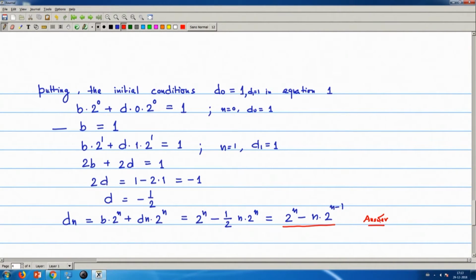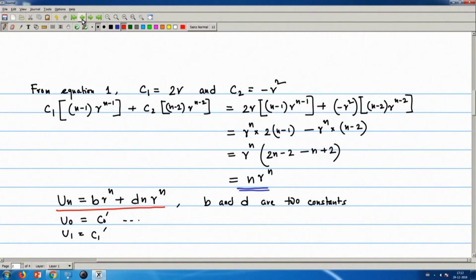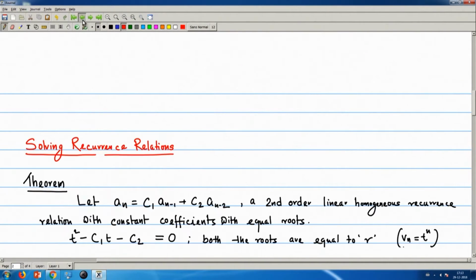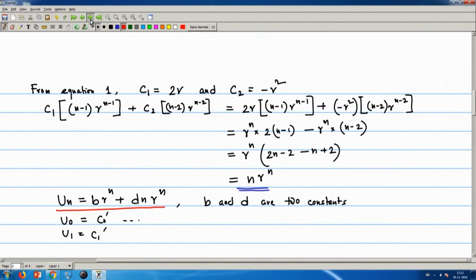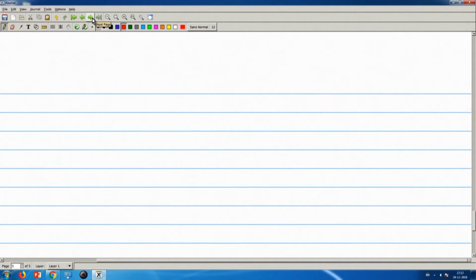Now, in the theorem we have considered the second order equation. So, if we increase the order, in general form, if we take the solution of order k.